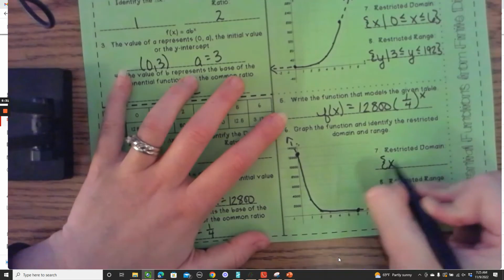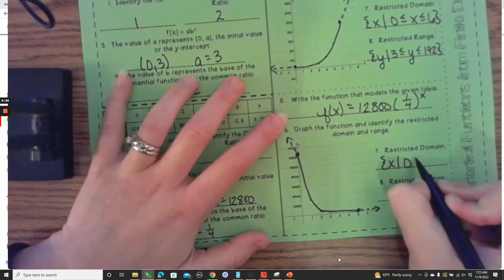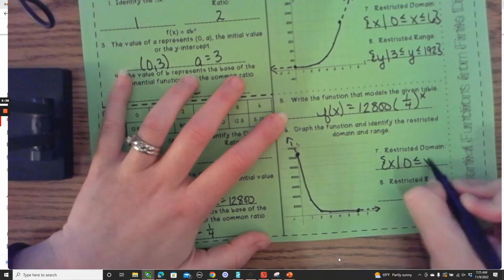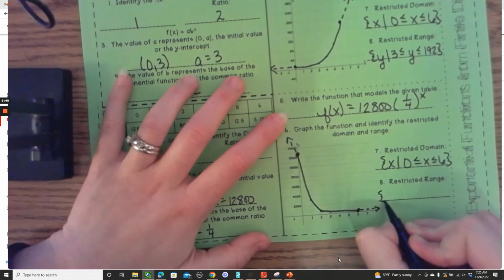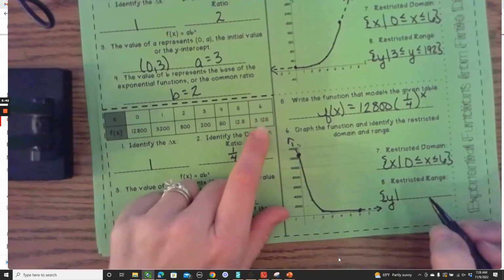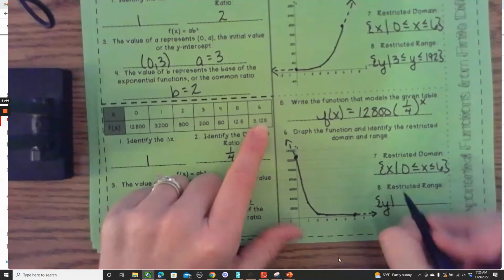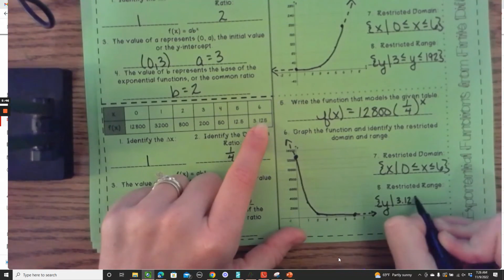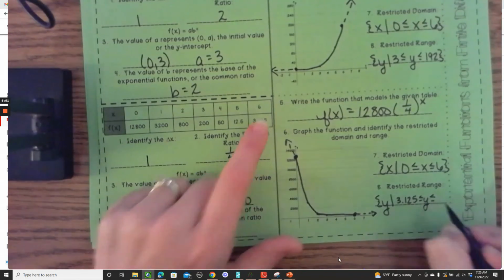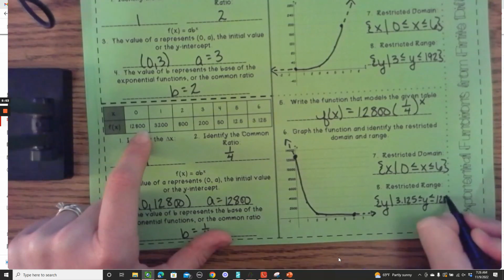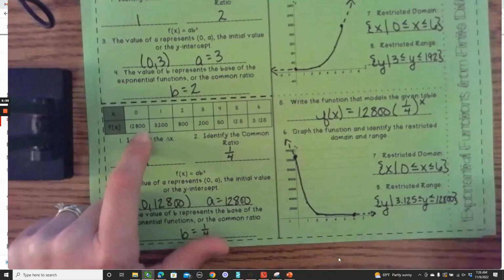So our restricted domain is from 0 is less than or equal to x is less than or equal to 6. And then our restricted range is going to be, remember we start at the small, so 3.125 is less than or equal to y is less than or equal to 12,800.